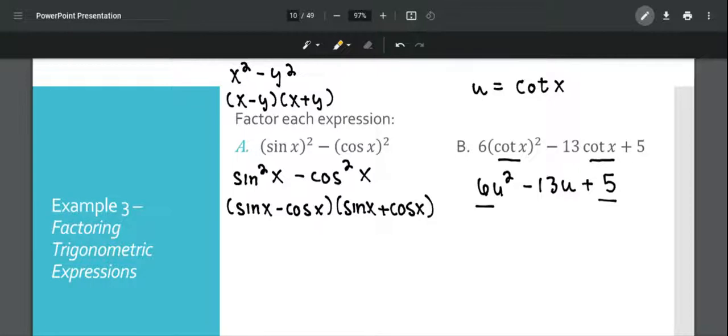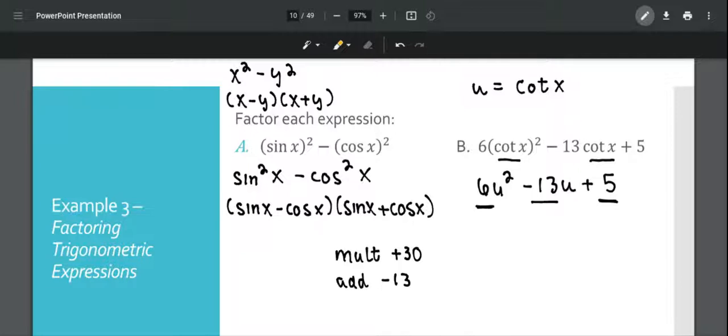So our first thing we have to do is think of what two numbers multiply to give us positive 30 and add to give us negative 13. So again, we have to multiply to get positive 30, and we have to add to get negative 13. So that's what we're splitting, right?